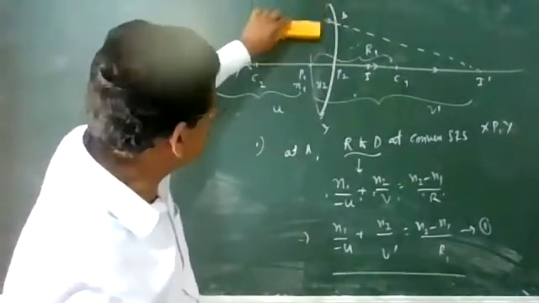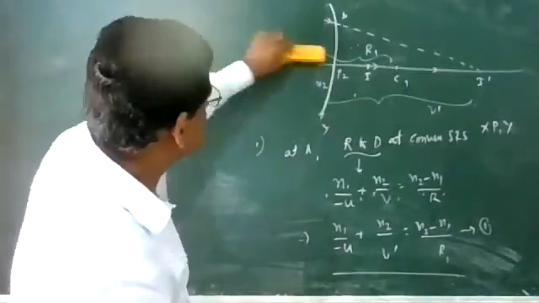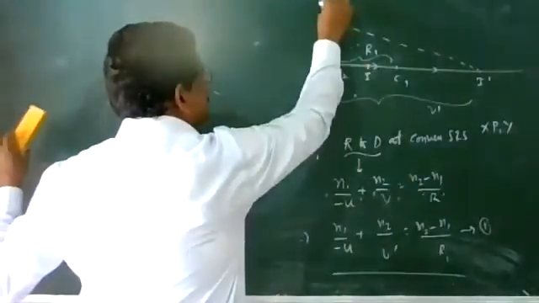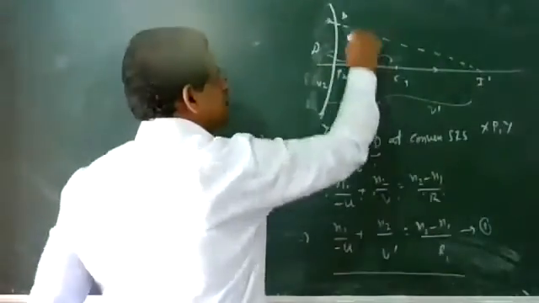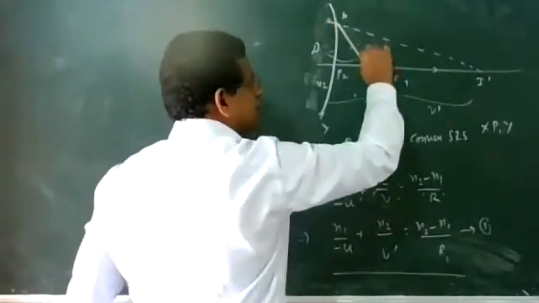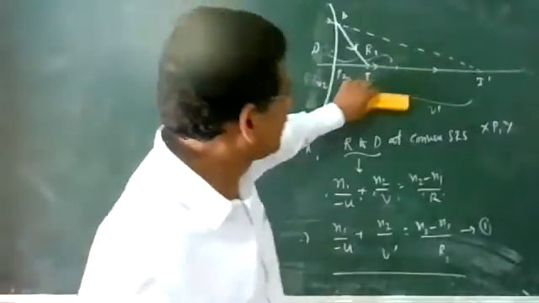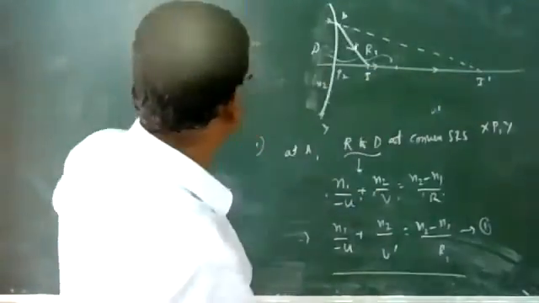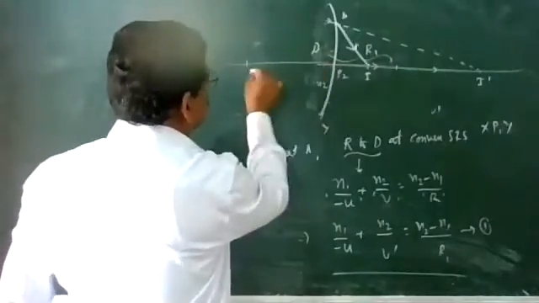So this will be your third diagram. And this is from the denser medium. This is denser to rarer. Point is formed here. And you can mark second surface C2 here.